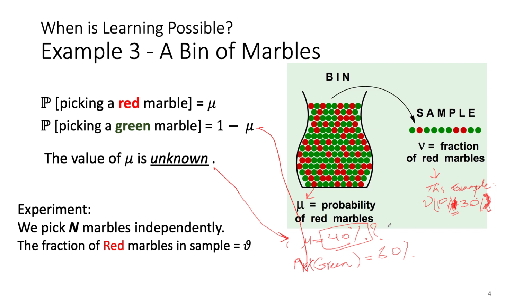So can we come up with a solid math or statistical analysis of how these two, mu and nu, are related to each other? Let me just clear this up.